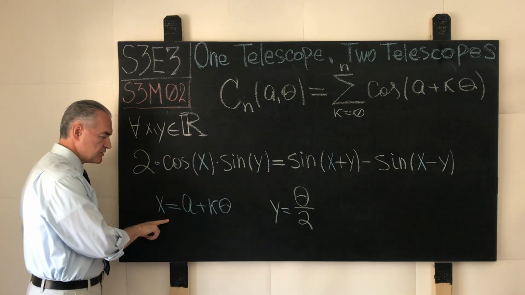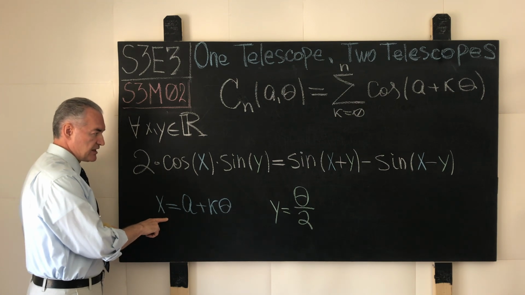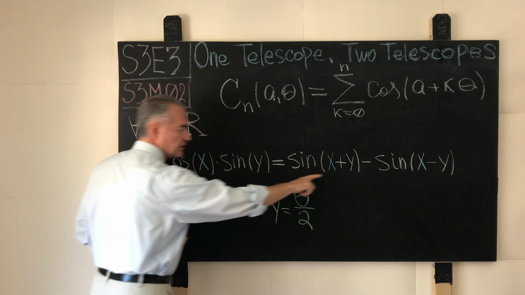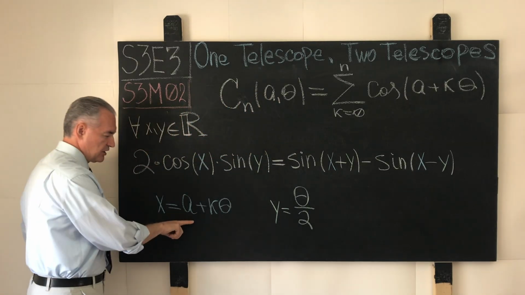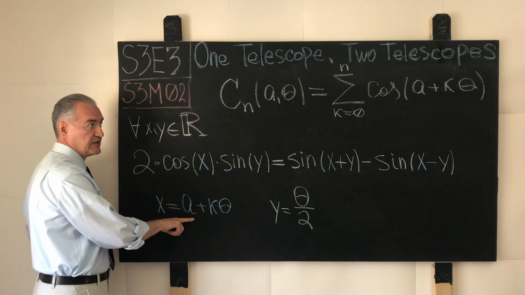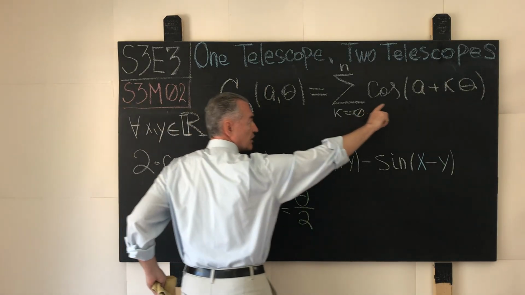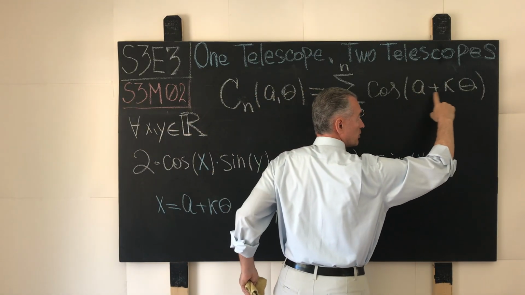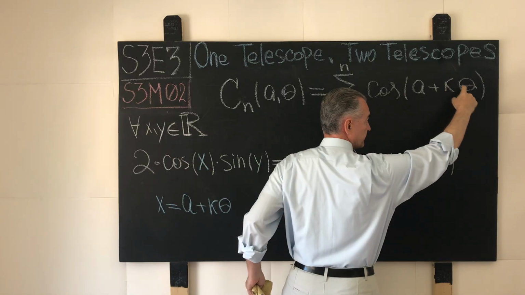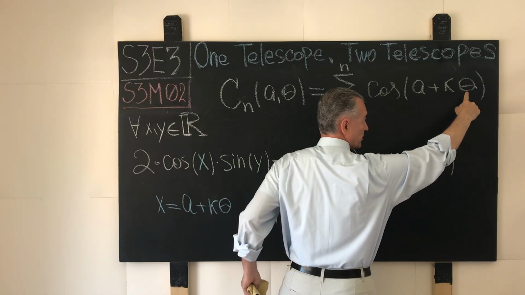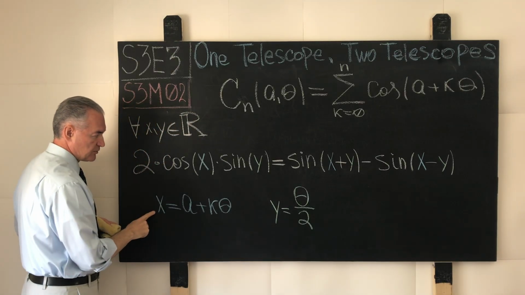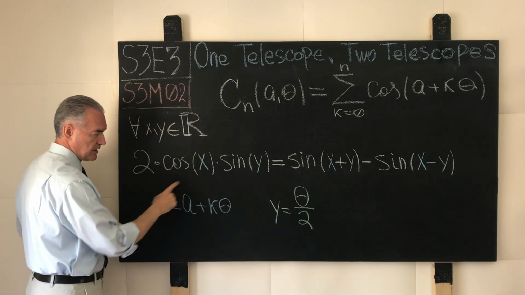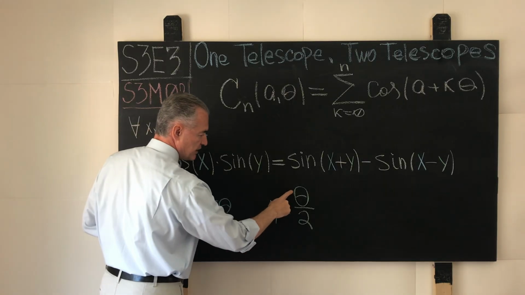And in this case, we can proceed as follows. The x in this trigonometric identity can be put equal to the argument of the given trigonometric function of cosine. So a constant real number plus the varying material k times another real number theta will be our argument x in this formula over here, x, and y will be theta over 2.